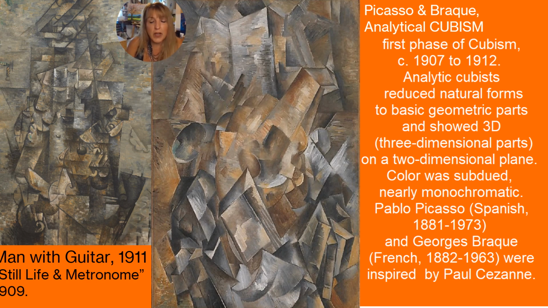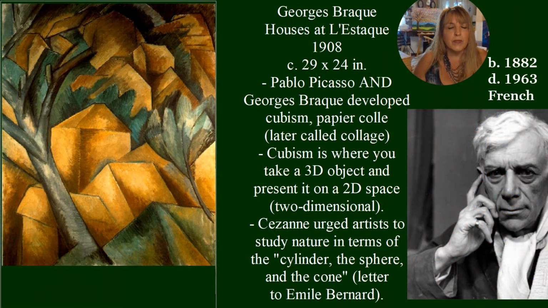Paul Cézanne's work often has a sense of the Cubist to it, and so he's a predecessor before Cubism. So this is Georges Braque, Houses at L'Estaque, and this is 1908.